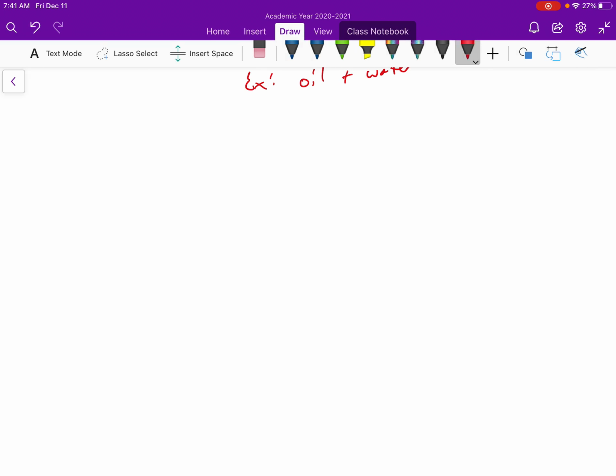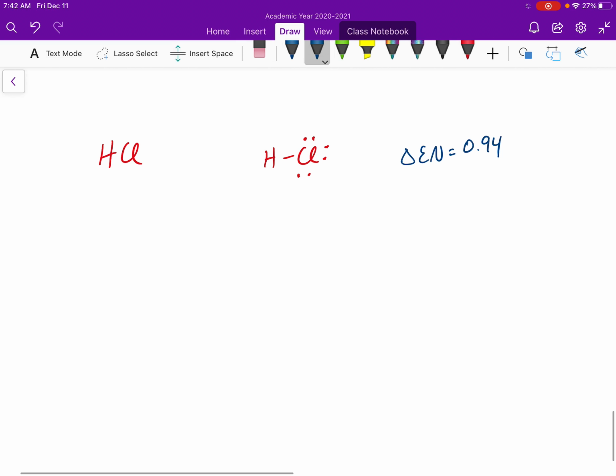So let's do a couple of examples here. HCl, we already kind of did, but if you sketch it out, we can look at our delta electronegativity, and if you calculate that, it should be 0.94, okay? So how do we represent that? Well, I would say the Cl is more electronegative, so that's where the partial negative charge is going to be.